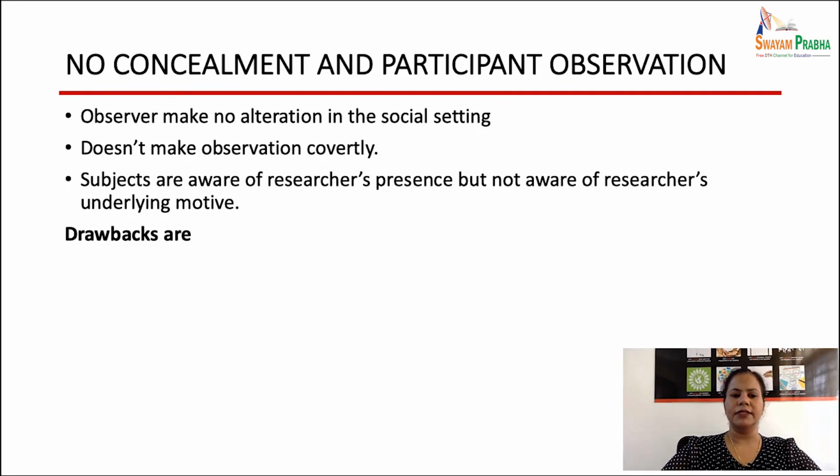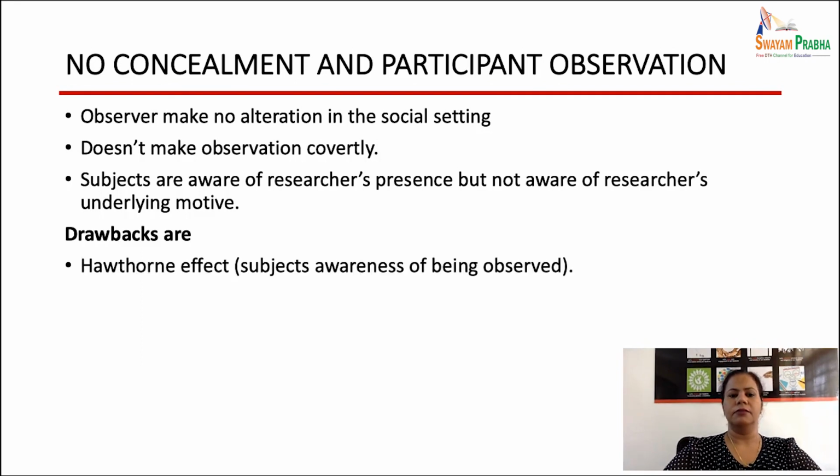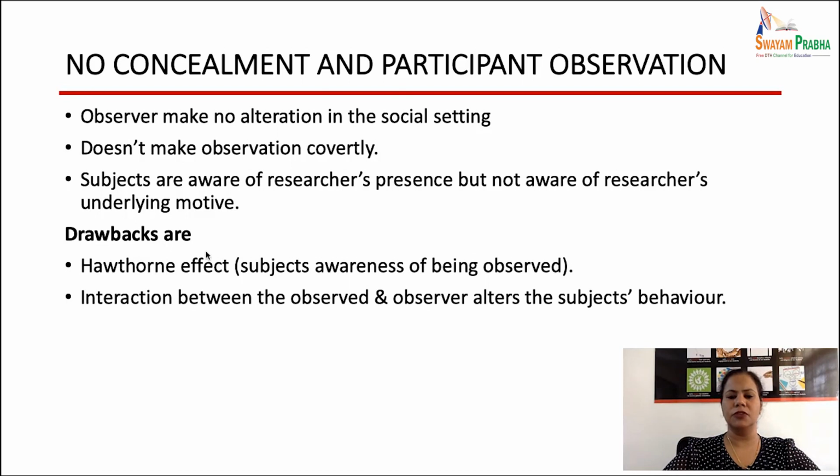But here the drawbacks are the Hawthorne effect. The Hawthorne effect is that if people get to know that they are being observed, then automatically their outcomes might be better, because subjects are aware that they are being observed. So this is one drawback. The second is that interaction between observed and observer alters the subject's behavior.